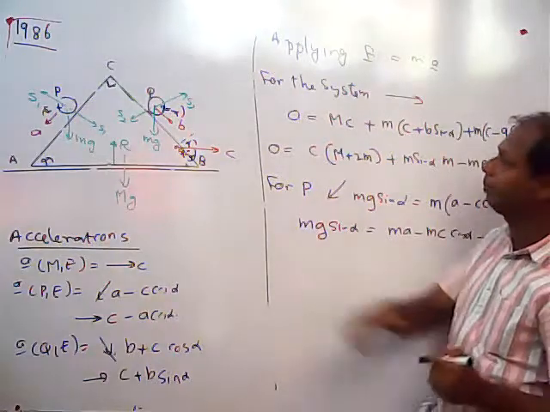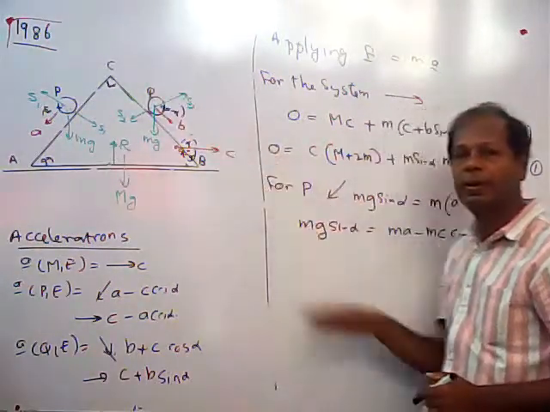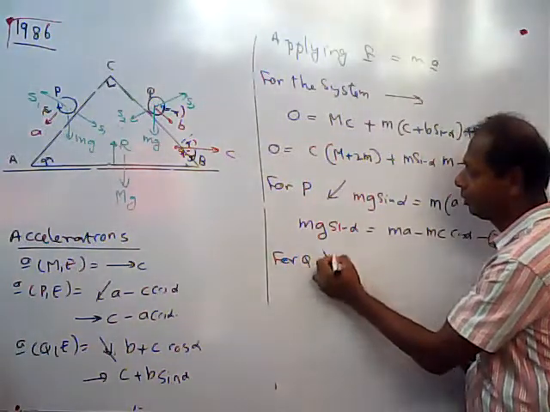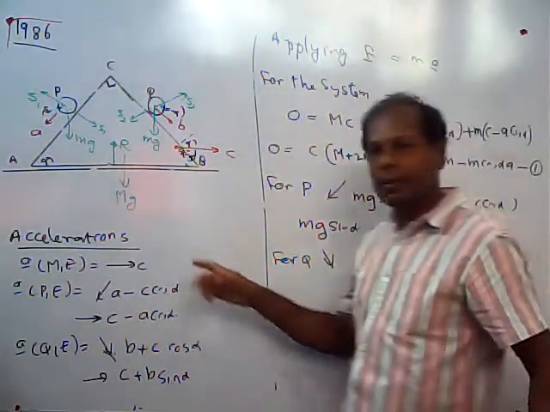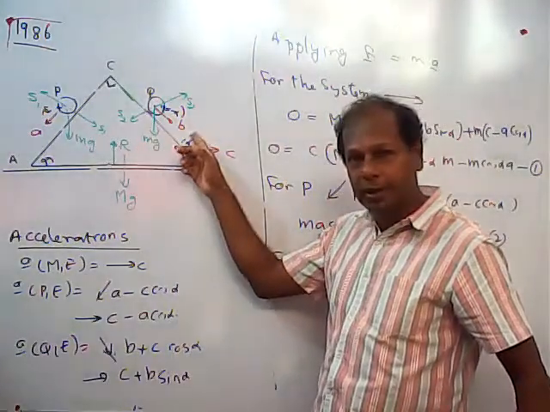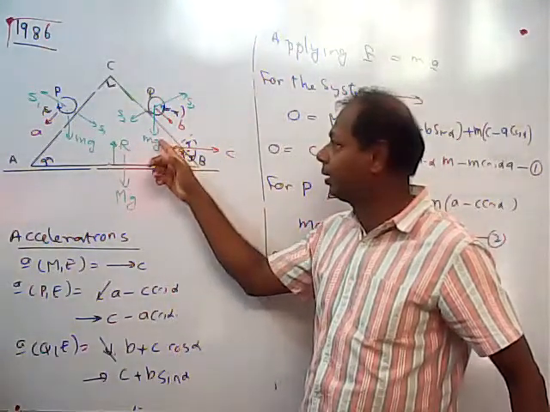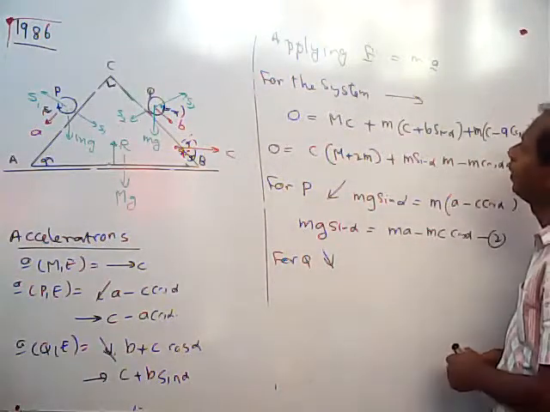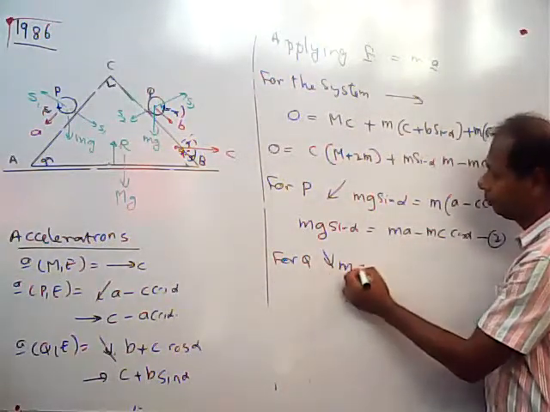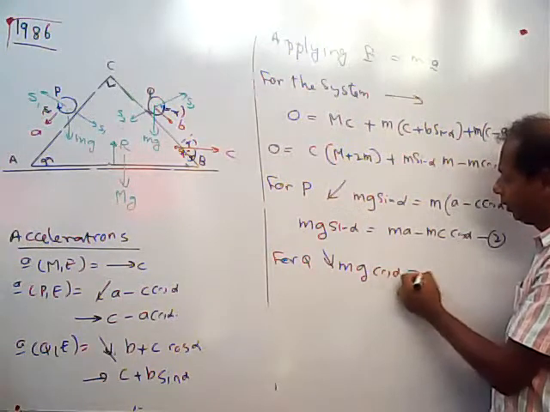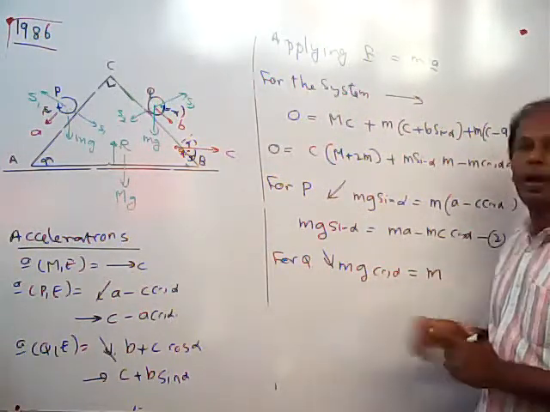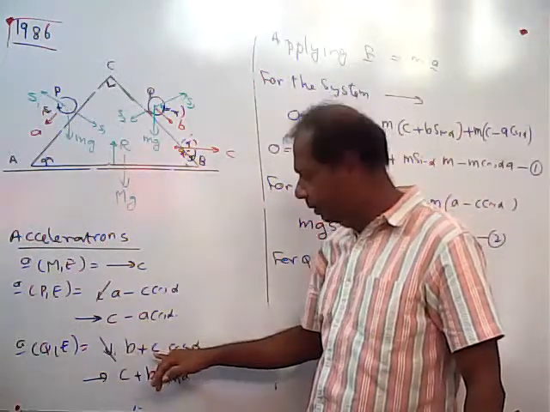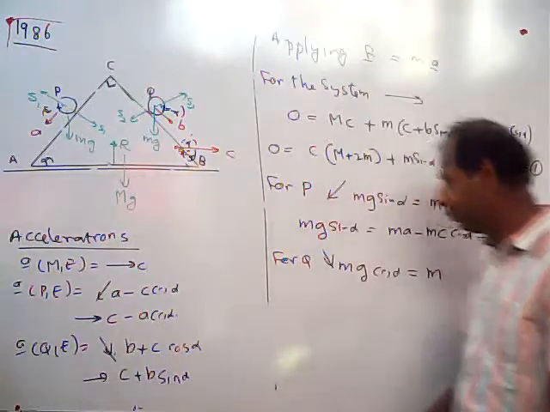Then we go to the third particle Q and apply it in this direction. For Q in this direction, it is mg cos alpha down the plane, equals m times the acceleration of this particle down the plane. We have written earlier, it is b plus c cos alpha.